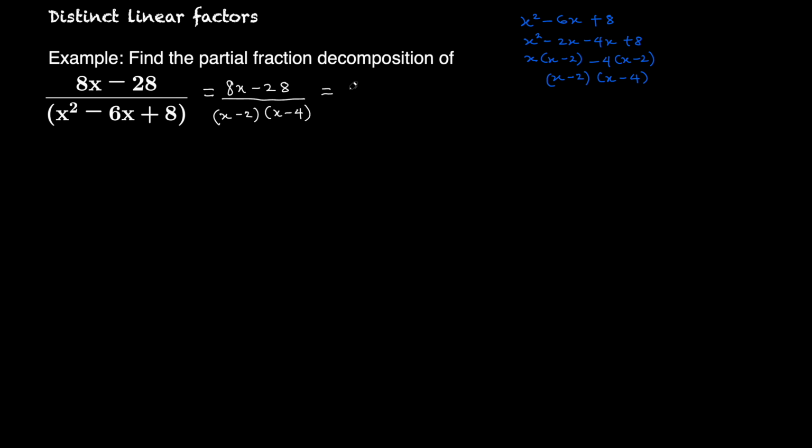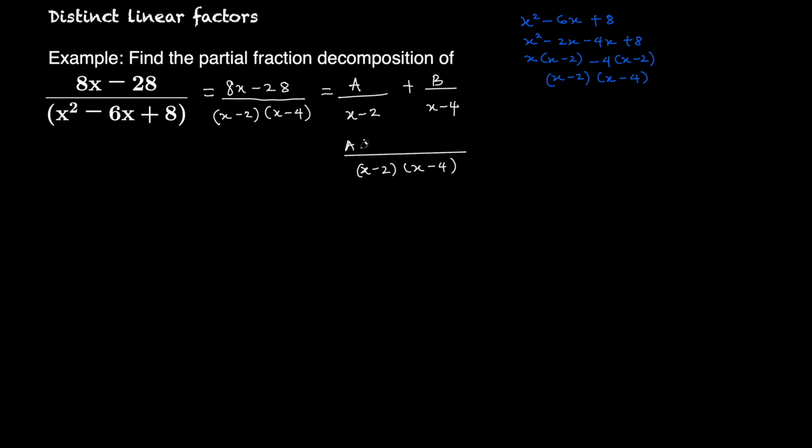So this equals, because we have two linear factors, it means that we are breaking it into two partial fractions, a over x minus 2 and b over x minus 4. Now what we have to do here is to find a common denominator for this, which is x minus 2, x minus 4.